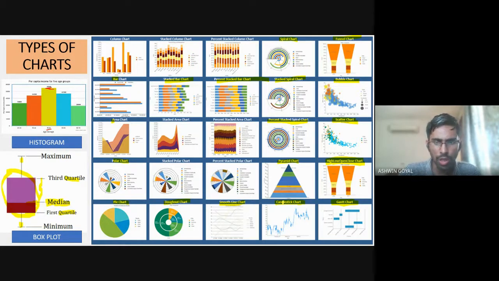So these are a few types of charts, and I'll probably touch upon data visualization again. But these are very common types of charts which you should be very familiar with. Not all of these will be used, of course. Column charts, bar charts, scatter charts, bubble charts are more commonly used. But it is good to know all of these.